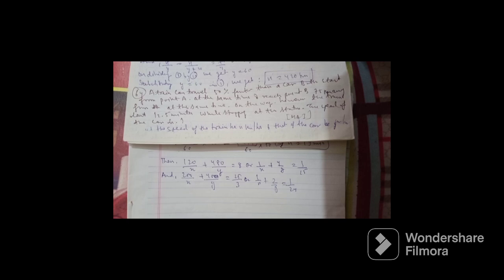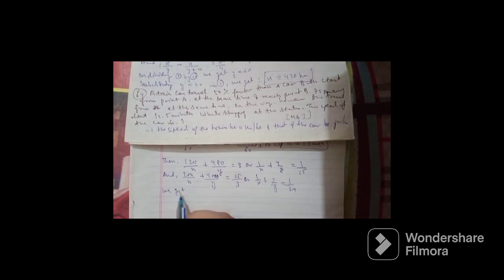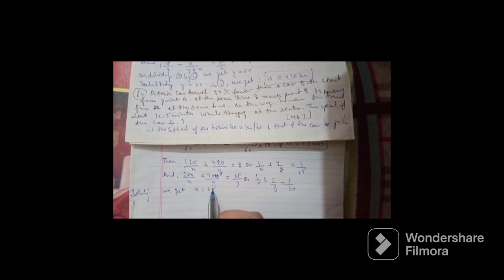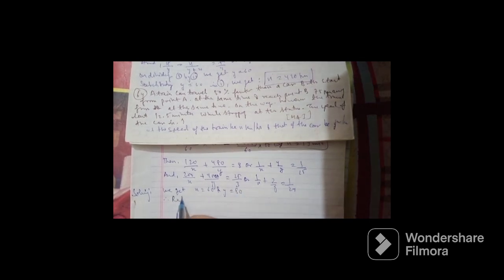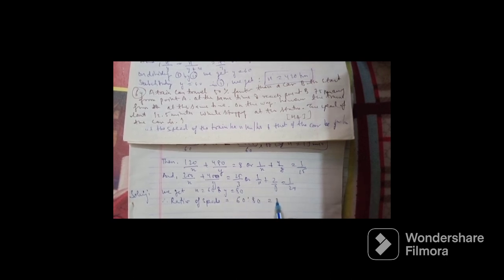So solving 1 and 2, we get x equals 60 and y equals 80. So ratio of the speed equals 60 to 80, 3 to 4.